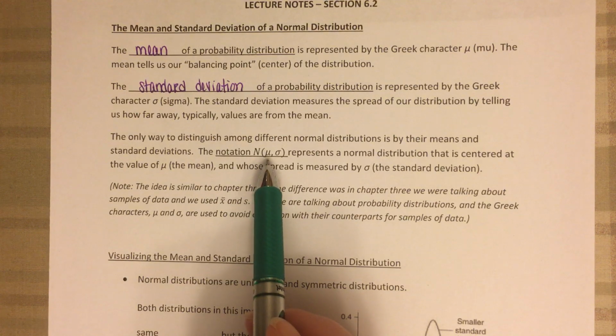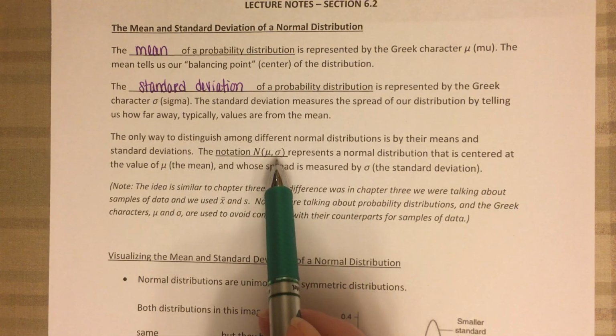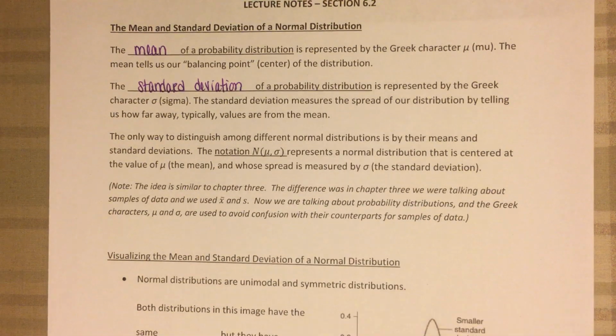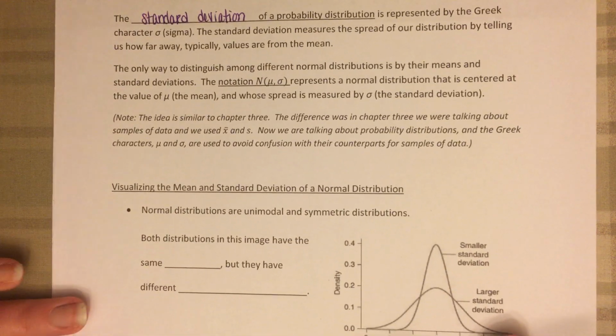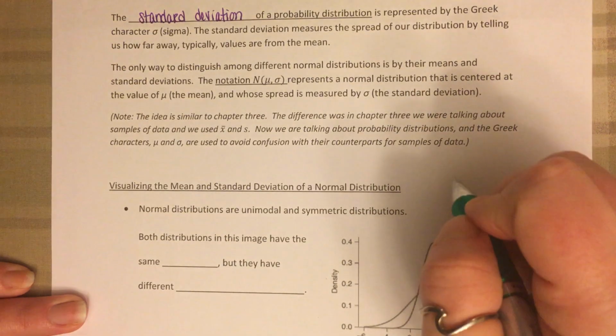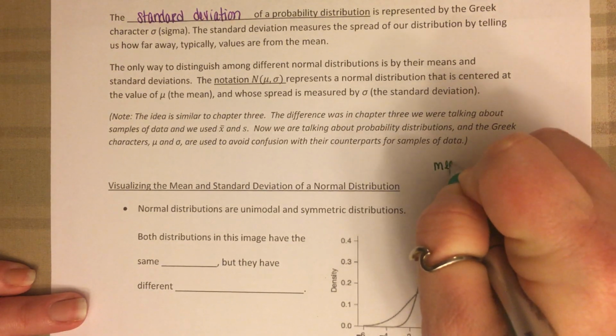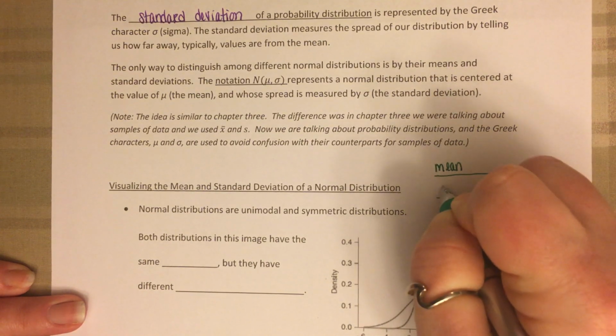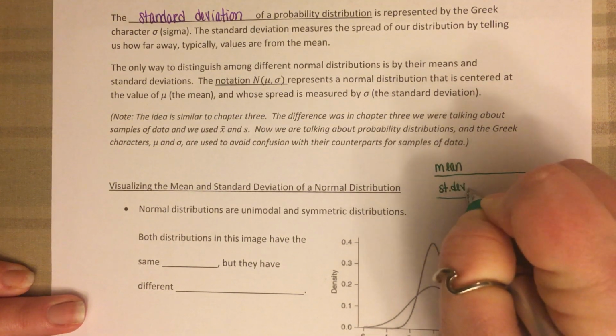And then we're going to be given our mean, which is this Greek letter mu, and then our standard deviation, which is represented by this sigma. Right? So again, this idea is very, very similar to chapter 3. One way to compare these, I'm just going to draw a little table right here. Right? So mean and standard deviation.